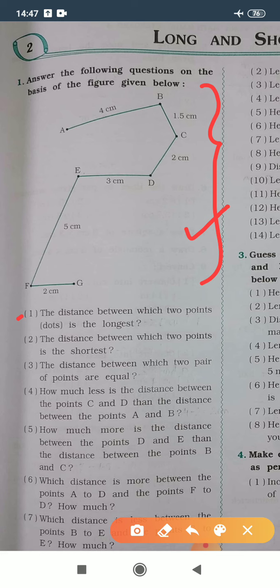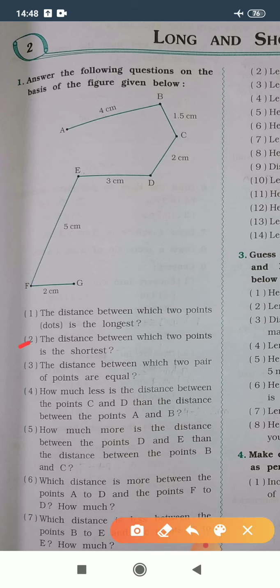Among all these, this 5 centimeter is the longest. So your first answer is point E and F. You need to solve all these questions in your notebook.